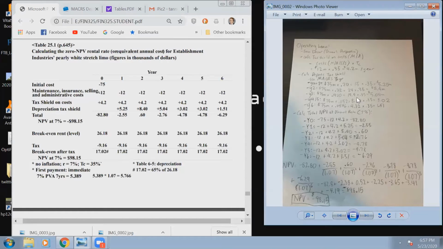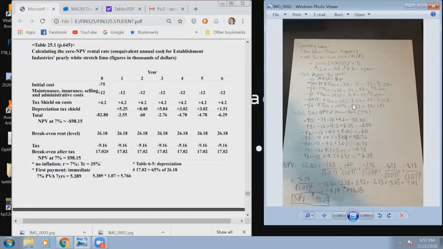Go ahead and continue those calculations. For the third year, you get 75 million times 19.2%, which will give you 14.4 million. Multiply that by the 35% tax bracket, and it will give you $5.04 million. And then for years 4 and 5, it's going to be the same amount of depreciation tax shield, because it's the same percentage of the asset being depreciated, 11.52%. That gives you 8.64 million.